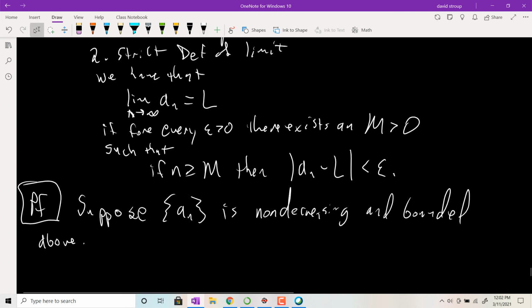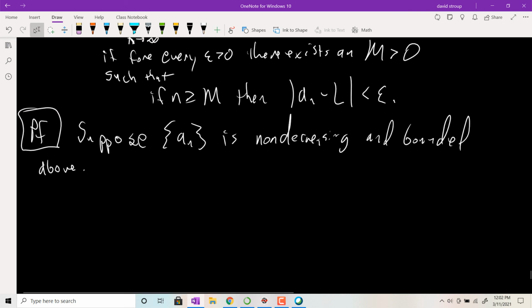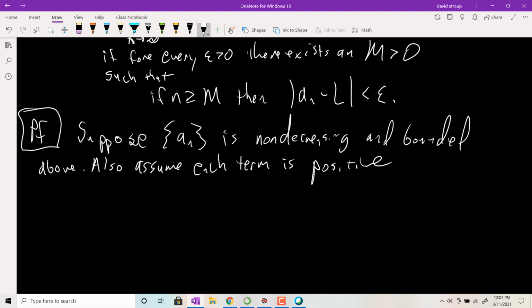We also have to make one little simplifying assumption, which we do sometimes just so that it doesn't make the proof longer. Like this video is long enough, right? Also assume each term is positive. And positive means greater than 0, so you're not including 0. 0 is neither positive nor negative.